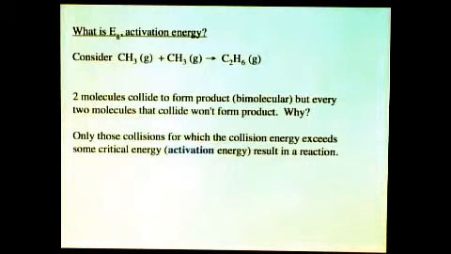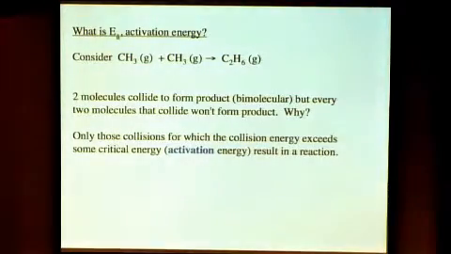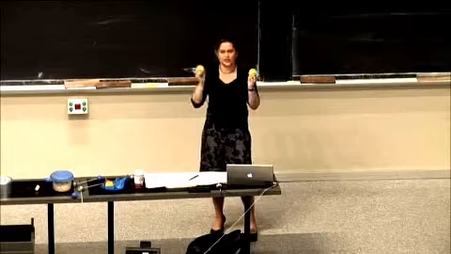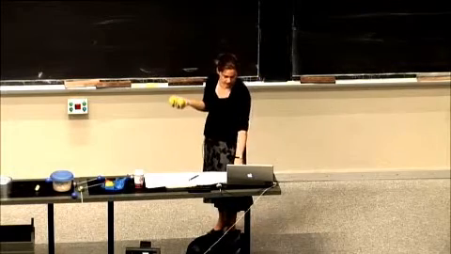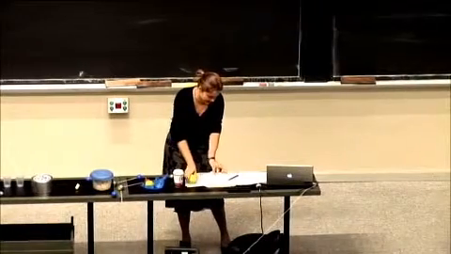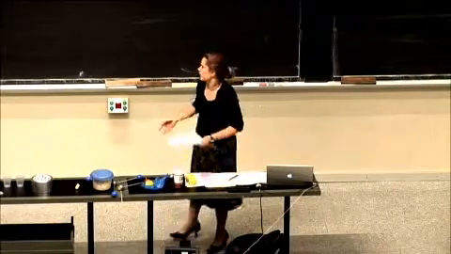If they have enough energy, when they come together, they will go on and form products. So that's what activation energy is. It's this critical amount of energy that they need to react with each other. All right, so let's just think about what affects that critical amount of energy. And of course, temperature is going to be involved. So let's think about that.